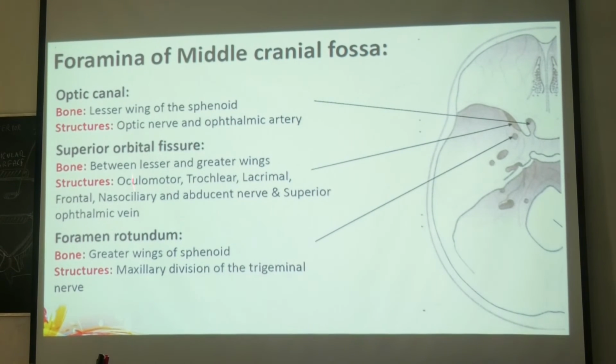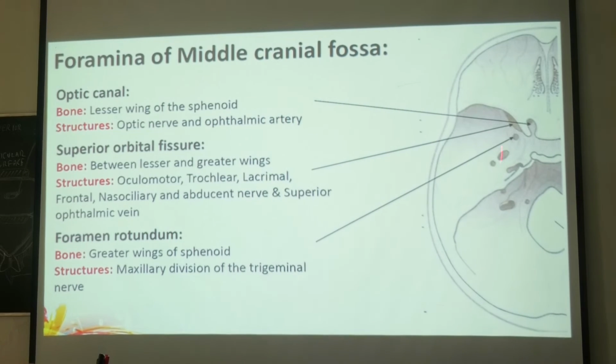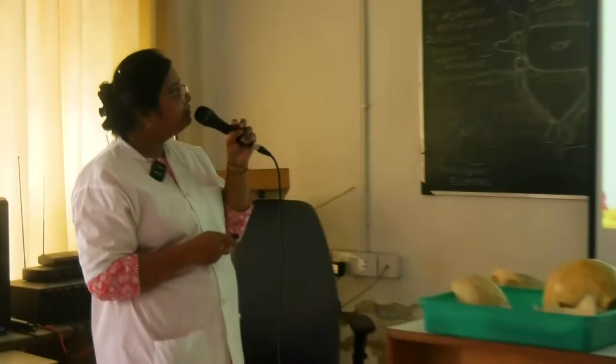Next is the superior orbital fissure. It lies between the lesser wing and the greater wing of the sphenoid. What are the structures passing through this foramen? Oculomotor, trochlear. Oculomotor is the third nerve, this is the fourth nerve. Lacrimal, frontal, nasociliary and abducent nerve, and the superior ophthalmic vein. All these are passing.